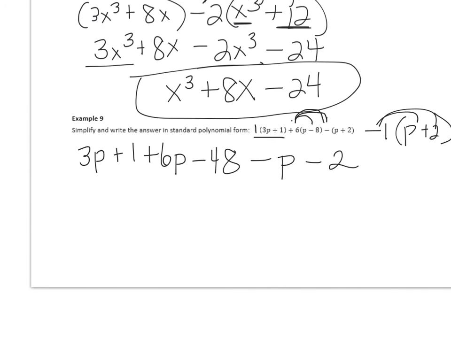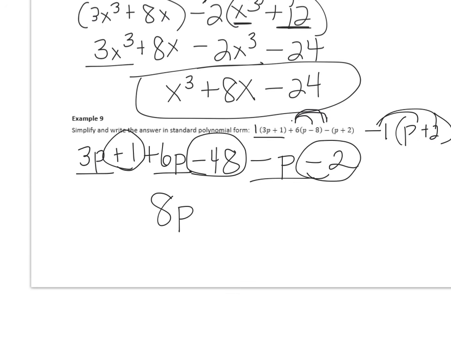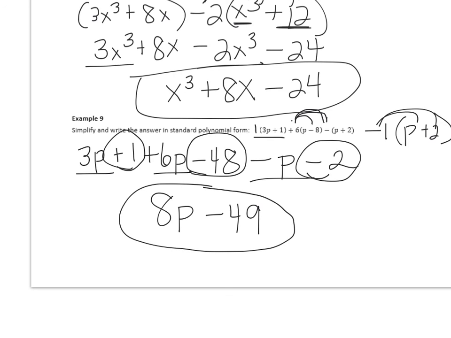Now you're ready to combine your like terms. 3p plus 6p is 9p. Take away 1p is 8p's. You've got a positive 1 minus 48, which is negative 47. Take away another 2, you're at negative 49. So this is the polynomial that is the difference between, well, this sum and this difference.